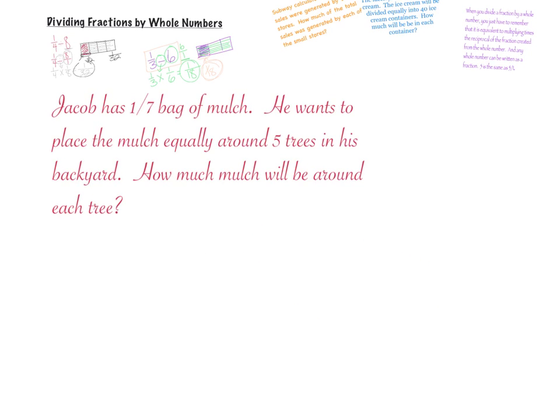Okay, it says Jacob has 1/7 bag of mulch. He wants to place the mulch equally around 5 trees in his backyard. So how much mulch will be around each tree? So we're going to start off with our 1/7, and we're going to divide it by the number of trees. He's got 5 trees, so divided by 5.